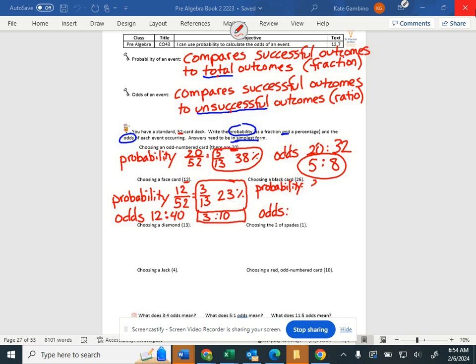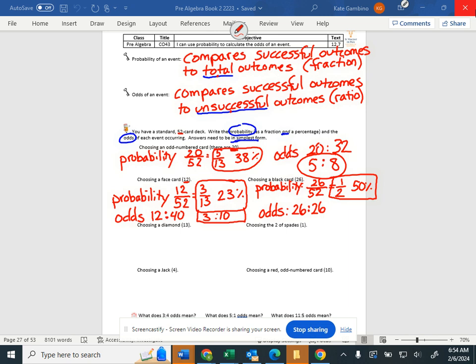We know that there are 26 possible black cards out of 52. I need to simplify that. I can divide a 26 out of both, and I'm left with 1/2, which is 50% for my probability. And then for my odds, I have 26 successful, and I'm left with 26 cards.